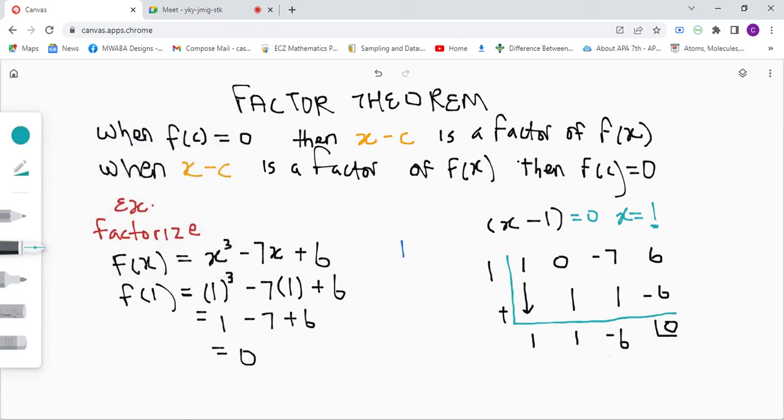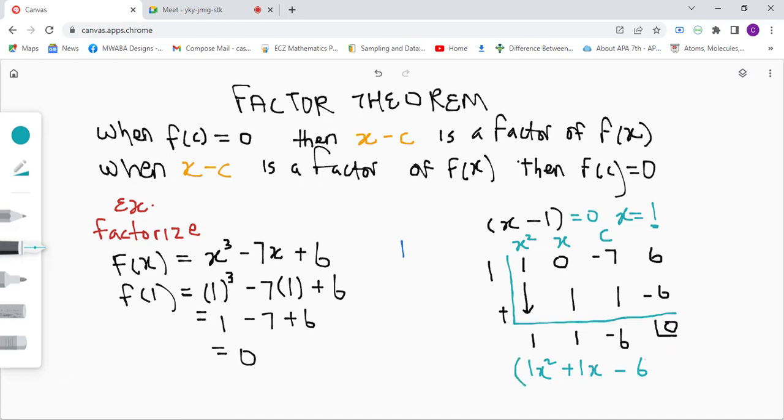After you do the synthetic division, remember, for your new factor, you start with this being the constant, this is x, and this is x squared. So what I mean by that, this 1 here becomes 1x squared, plus this 1 becomes 1x, and our constant is negative 6.